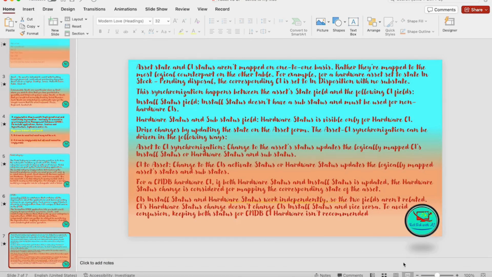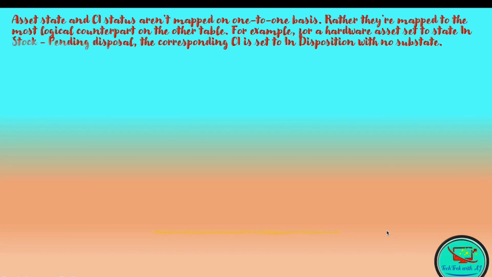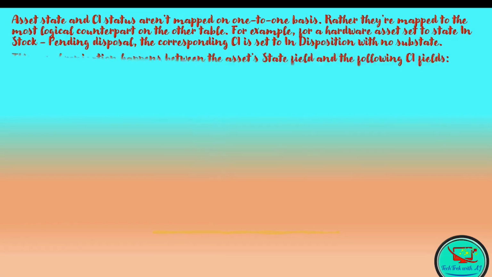PPT. So here, one thing I just want to mention: asset and CI status are not mapped on a one-to-one basis. Rather, they are mapped to the most logical counterpart on the other table. For example, for a hardware asset set to state in stock, pending disposal, the corresponding CI is set to in disposal with no substate. The same way, the synchronization happens between the asset state fields and the following CI fields.